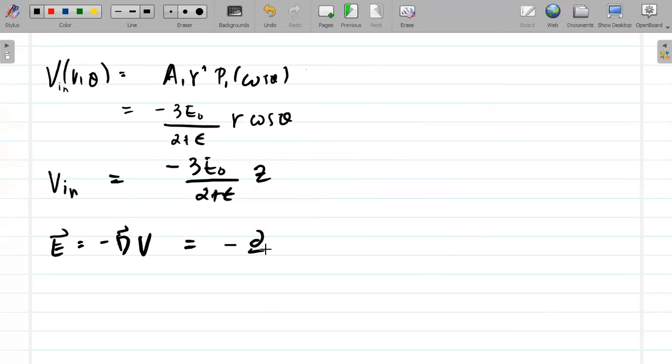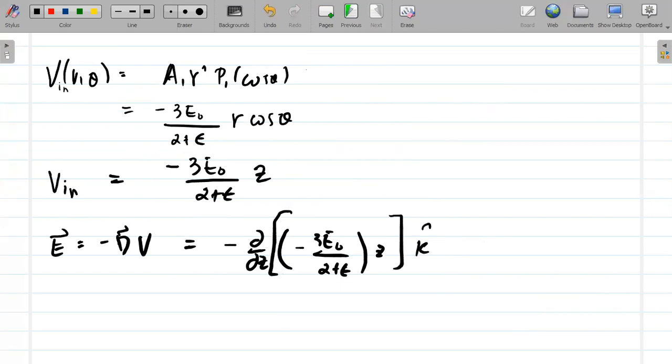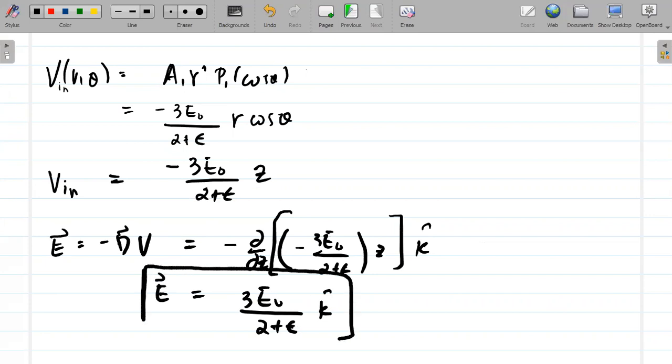Negative partial Z ng negative 3 E naught over 2 plus epsilon Z. So, class, saan to equal? So, okay, k hat. 3 E naught over 2 plus epsilon k hat. Yan na yung electric field inside the sphere.